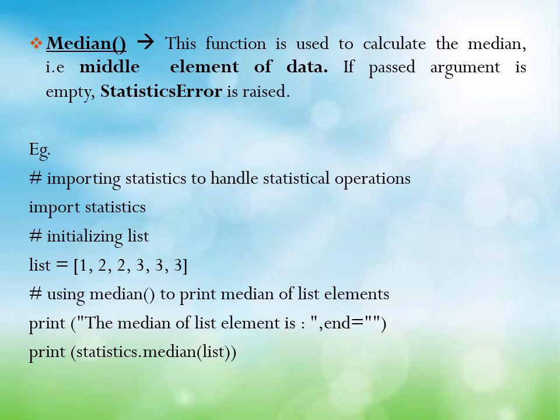So it will find the middle element of the data. What is the middle element of the data? That will be between 2 and 3, so it will display the value between 2 and 3, that is 2.5. So what will be the output? The median of the list will be 2.5 here.